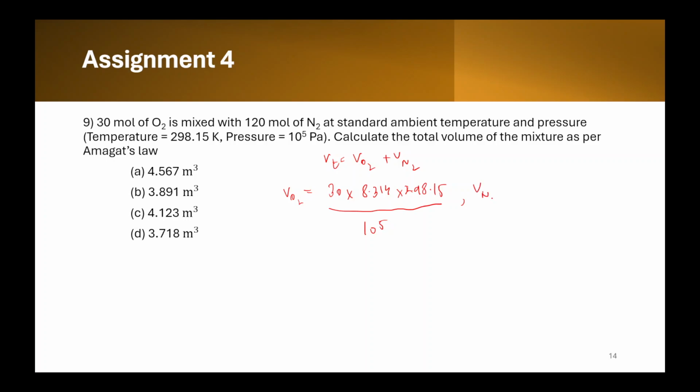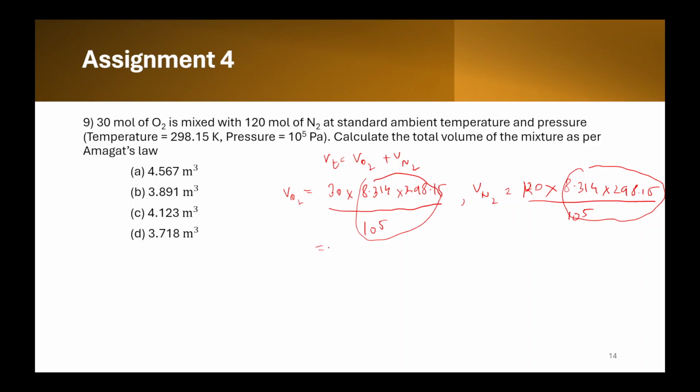And VN2 is 120 into 8.314 into 298.15 upon 10 to power 5. You can see this term is common for both, so you could also add these 30 plus 120, 150 as the total moles of the mixture, and multiply with this factor. You can do that as well, and you can add the volumes individually as well.